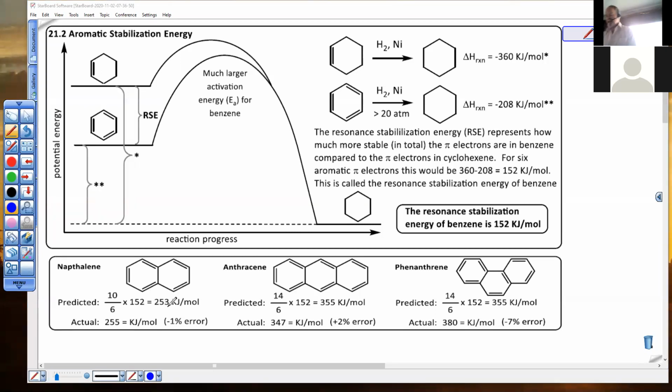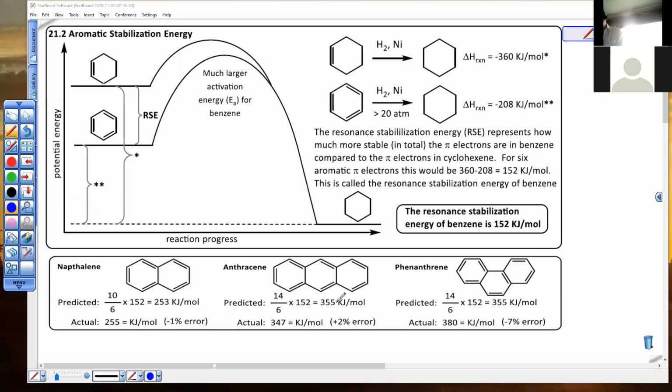The experiment was done, and we got almost exactly the same results, showing our theory's pretty good, using 152 kilojoules per mole as the predictor for stabilization energy when you have 6 pi electrons. It works with pretty good predictive ability. Moving on to anthracene, you almost get the same predictive ability, 14 pi electrons now instead of 6.